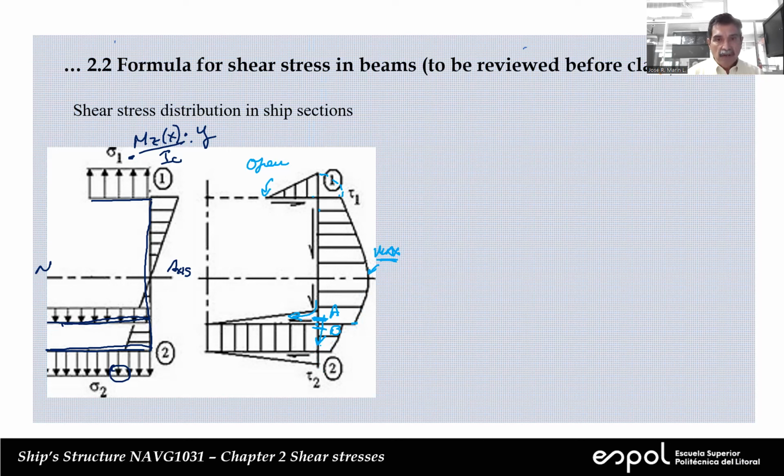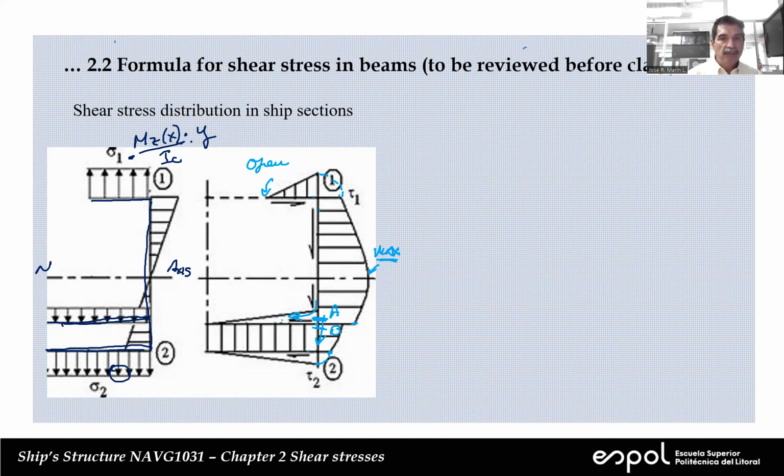If the thickness on the side and at the bottom here are the same, then this value here is going to be the same as this one here. And then you go again, linearly decreasing until here. On the inner bottom, see, some of this went in this direction.